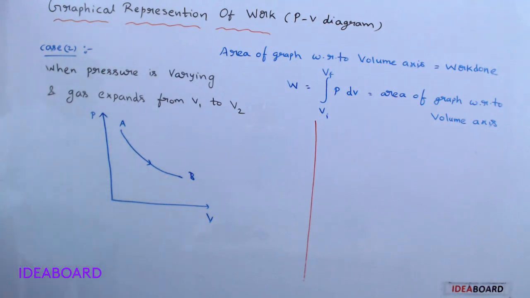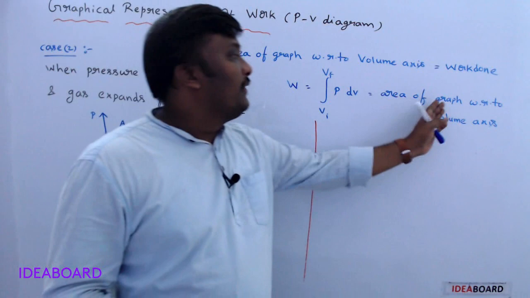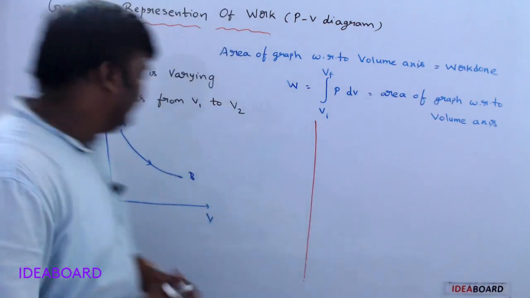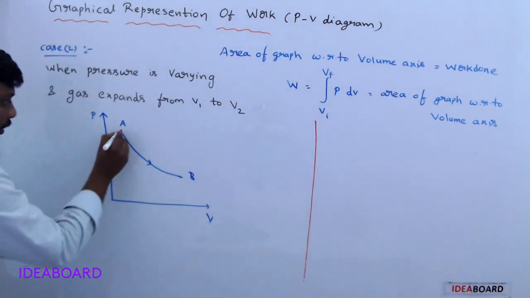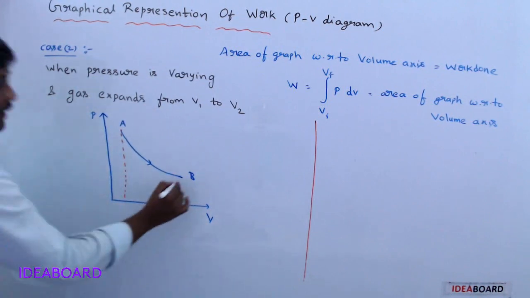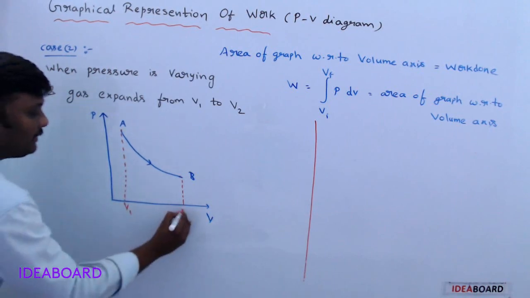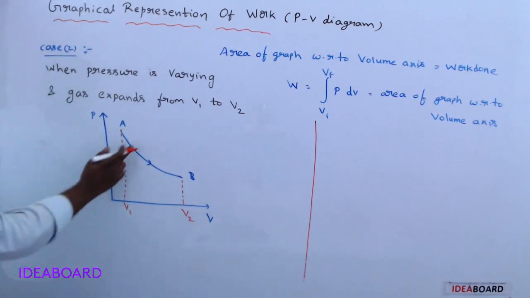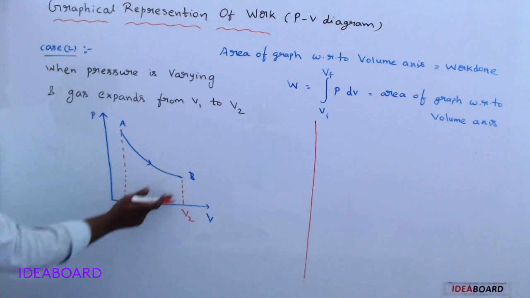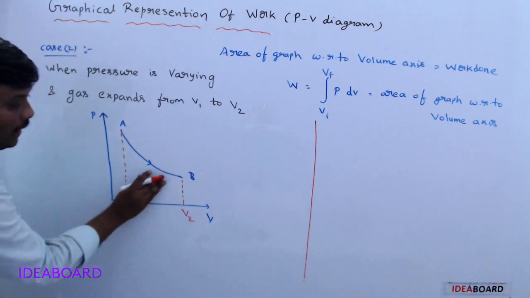Now, what is the formula for work done? The area of the graph with respect to the volume axis. Draw a normal from here to here and here to here, so this point is V1 and this point is V2. The entire area bounded by this curve is called the work done.